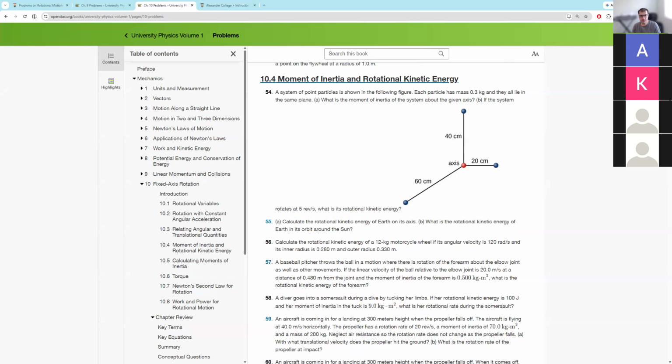What is the definition of moment of inertia? I is going to be equal to the sum of m_i r_i squared, i equals 1 to the number of particles. How many particles do you have?